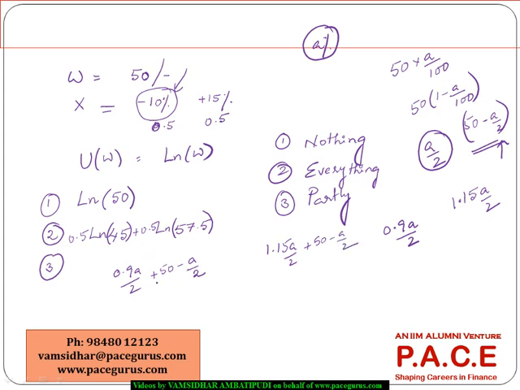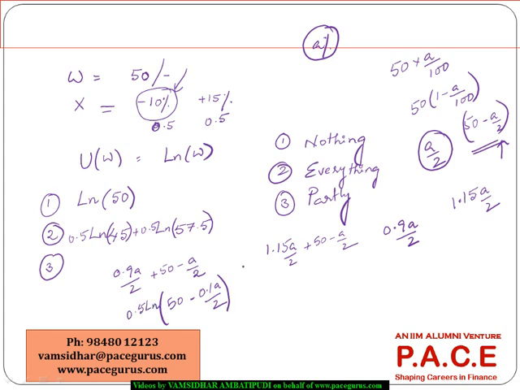So overall his wealth is going to be 50 minus 0.1 A by 2, in 50% of the cases.